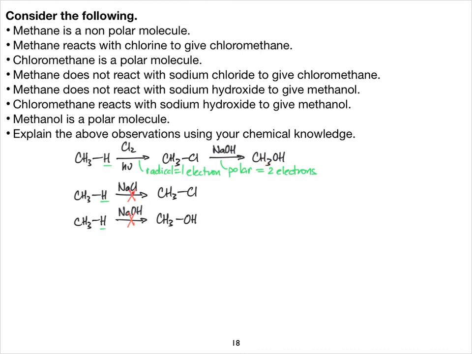But we cannot substitute H for Cl using this reagent, or H for OH using that reagent. So chapter 7, we're going to learn why that is. And it's because we introduced this group into the molecule.